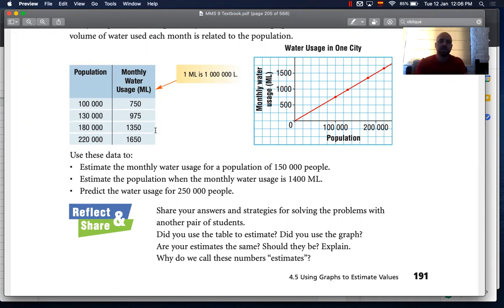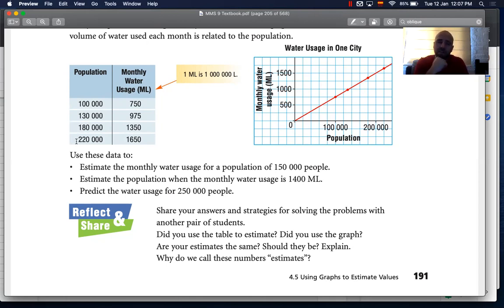Now, this is something a little bit different because, as we see, it's a linear relation because when we graph it, it makes a straight line, which is what we have below or to the right. But the difference is what we have in the population. Here we have an increase of 30,000, here an increase of 50,000, and here an increase of 40,000 people.